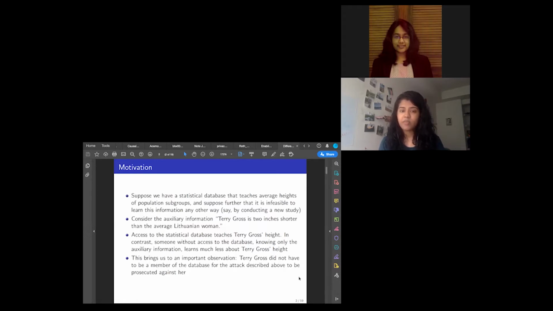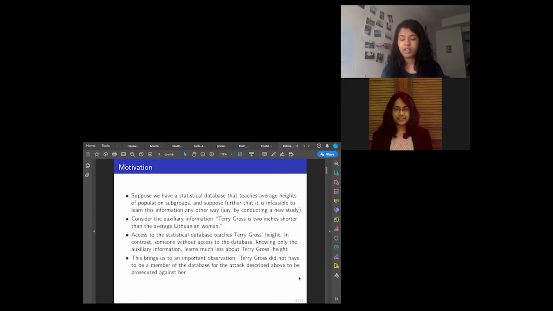In contrast, someone without access to the database, knowing only the auxiliary information, learns much less about Terry Gross's height. Access to the database would give you the absolute value of her height, but if you had no access whatsoever, you just know this relative information. You don't really know much about her height in specific detail.